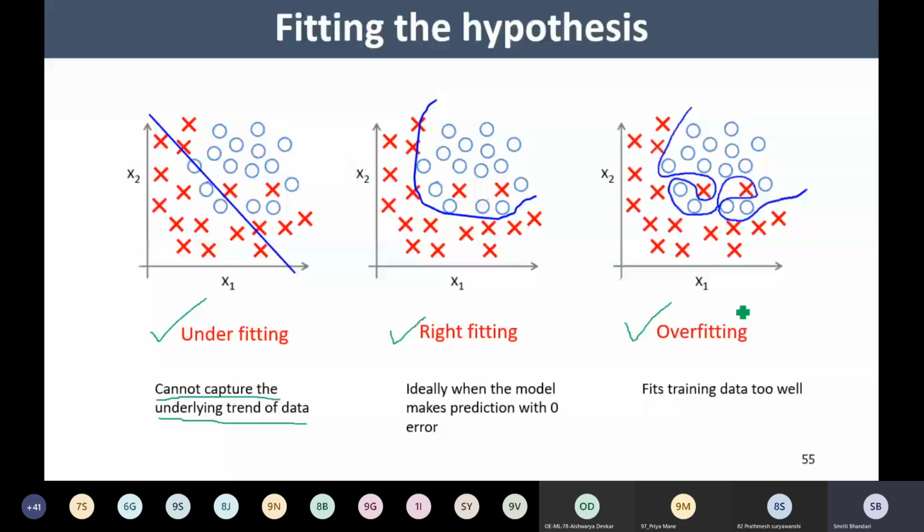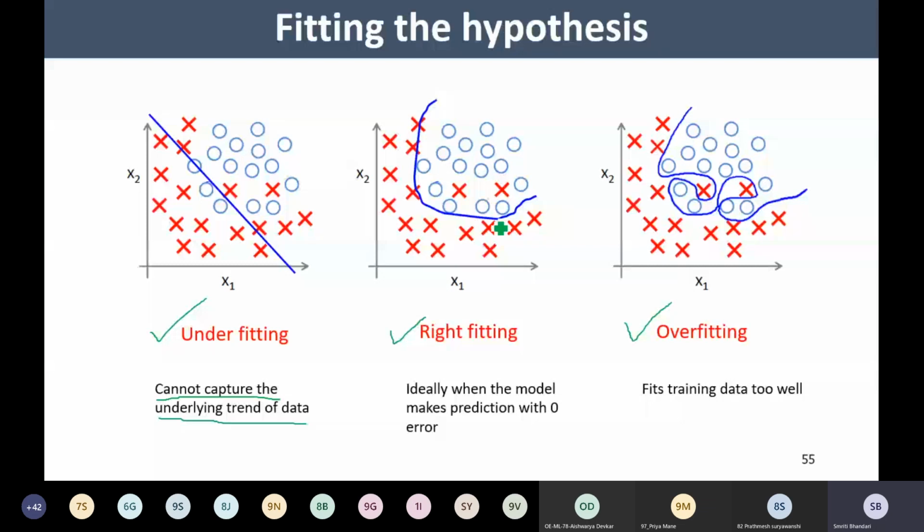we say that it is a right fit or a good fit. Okay, so if you look at this function that we have drawn here, this function is actually able to separate these two kinds of samples from one another, right? But in the training data, I don't say that this function is fully consistent with my training data.